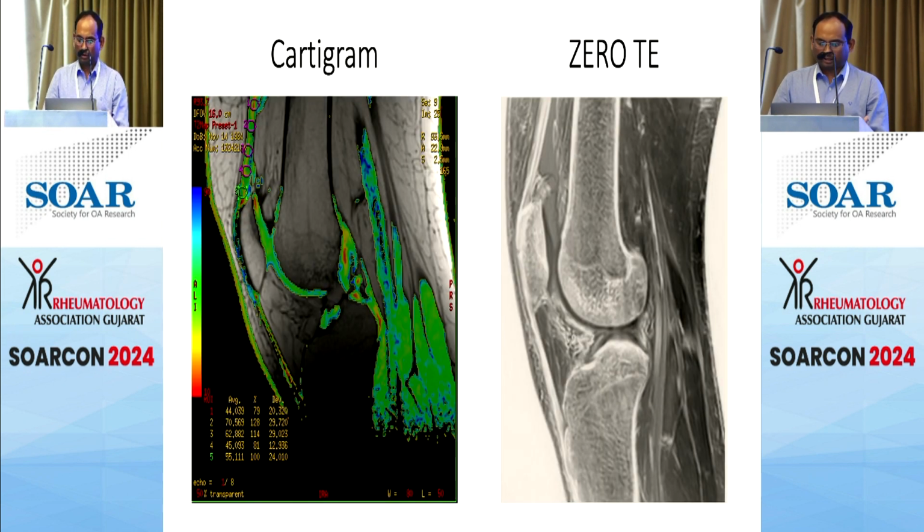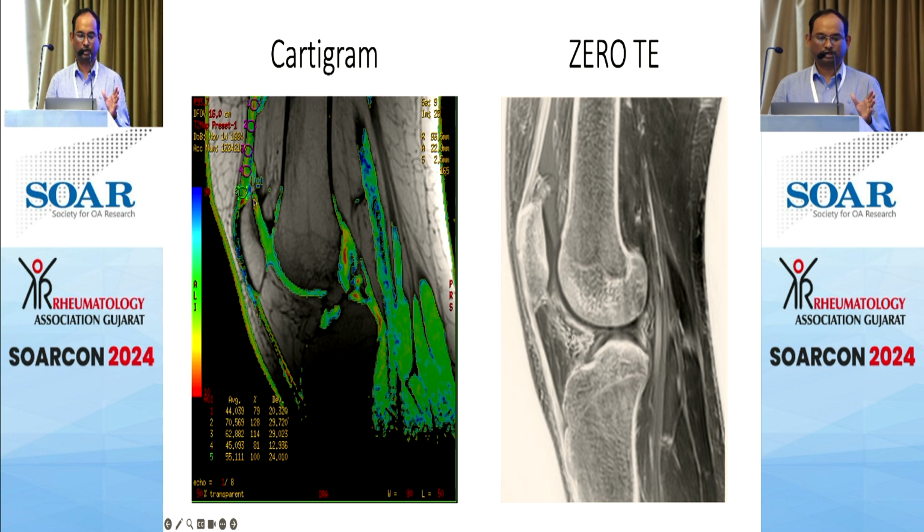I'm trying to show two advanced imaging techniques which we do. One is the cartogram, or cartilage mapping or cartilage imaging, which is an advanced software used to see the cartilage. These are all technical values being given here, but just for your understanding, when you see red, it is like burning.